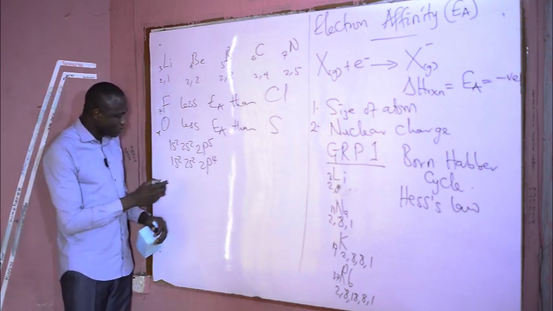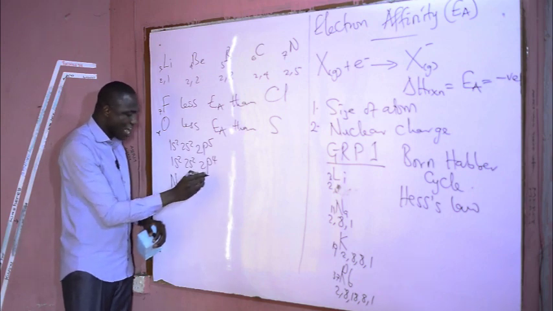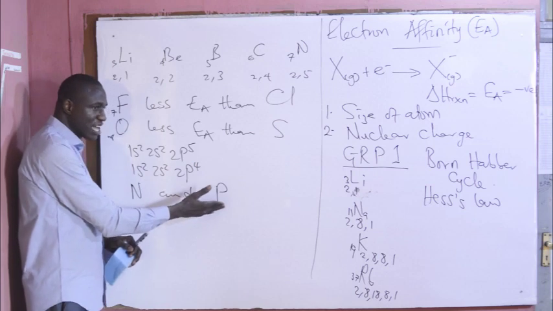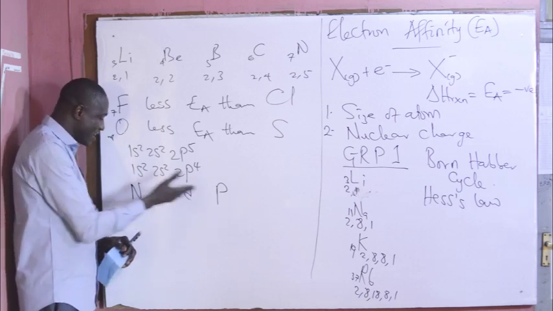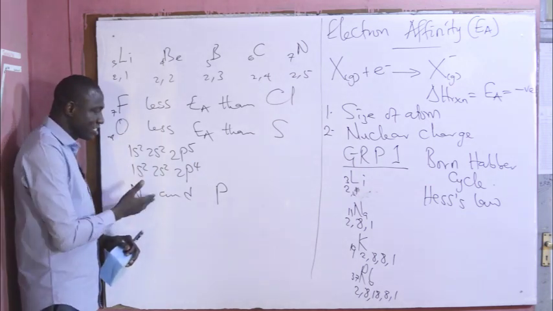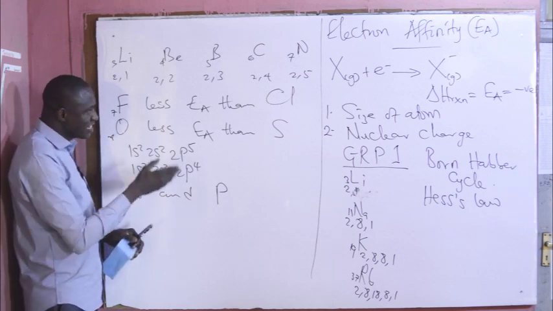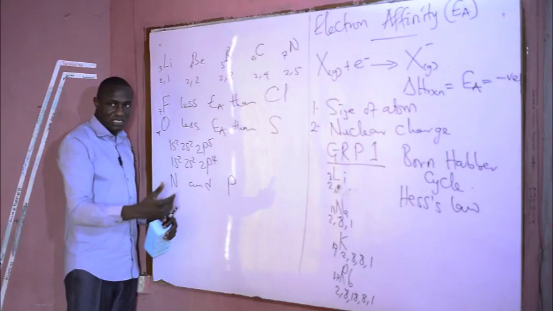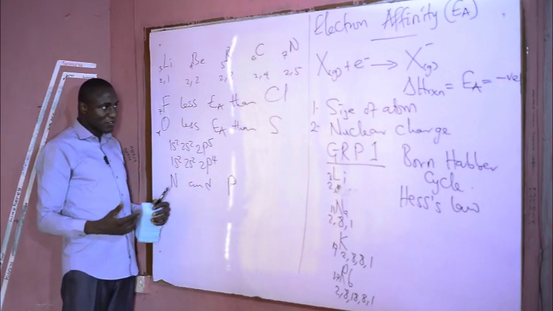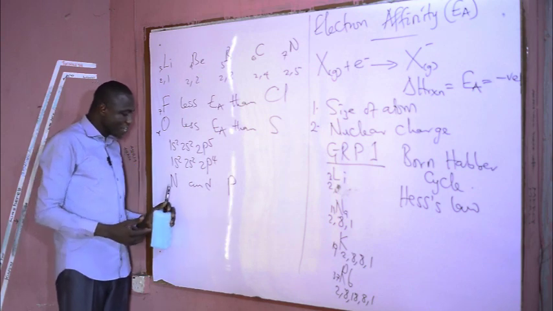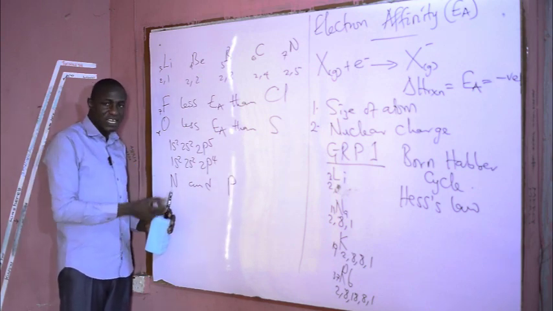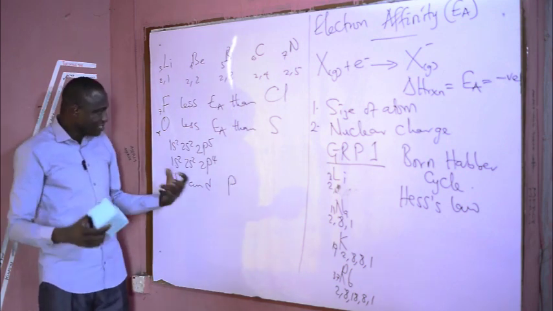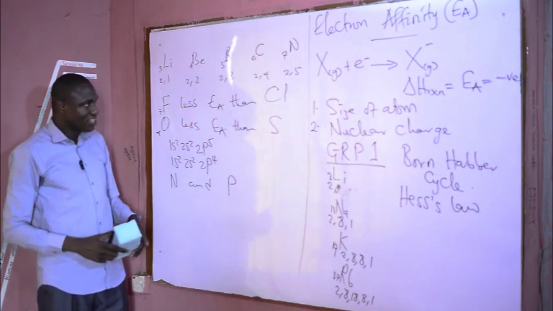The same thing can be said of nitrogen and phosphorus, because the electron affinity of phosphorus has been observed to be higher than that of nitrogen. When you add an electron to phosphorus, the electron enters the 3p orbitals, which is energetically more favorable as a result of the larger size of the atom compared to nitrogen, where addition of an electron enters the compact 2p orbitals, resulting in increased electron density.